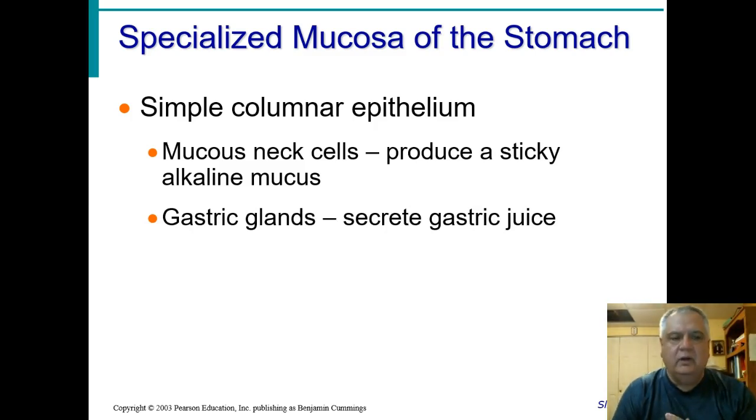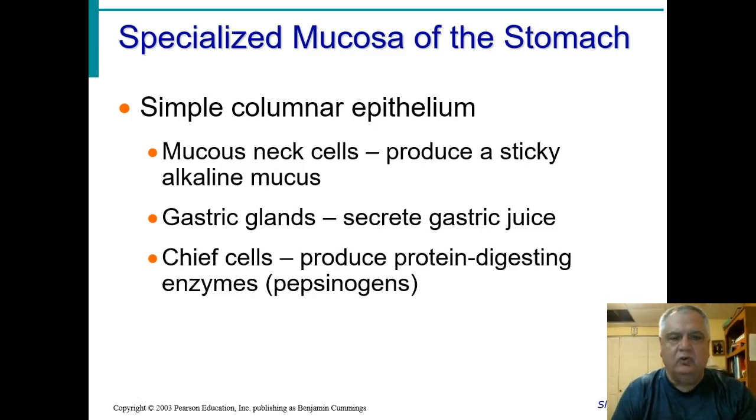In addition, there are going to be gastric glands in the simple columnar epithelium. These gastric glands will secrete gastric juice. The gastric glands contain chief cells. These chief cells produce the protein digesting enzymes, which here in this slide are called pepsinogens. The enzymes are actually pepsins.